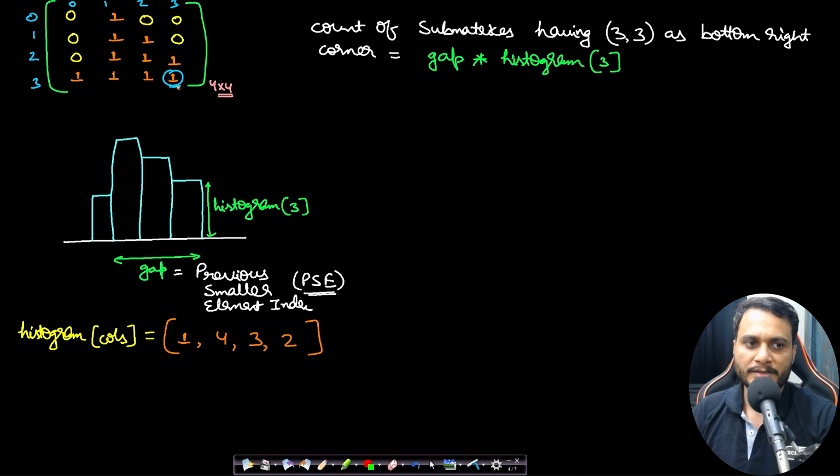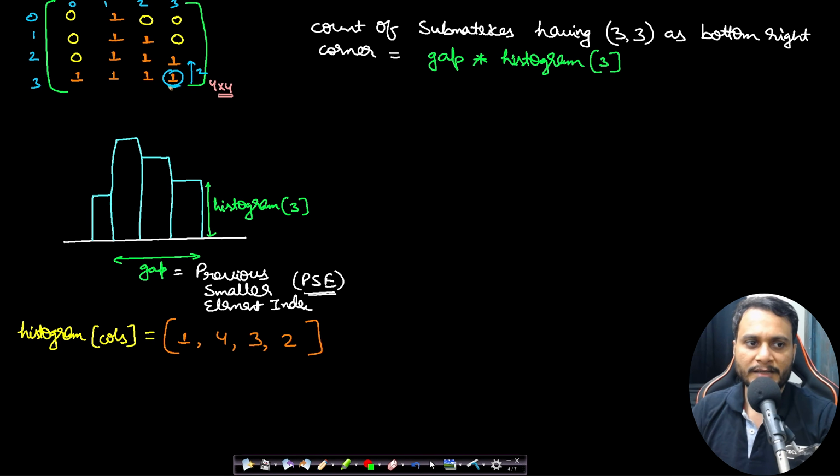Now if the height here is 2, then you cannot have a submatrix which has a height greater than 2. It is impossible, because if you consider a height greater than 2, let's say height 3, then this will contain at least one 0, because if it had no 0, then the height would not be 2, the height would be 3 already, right?